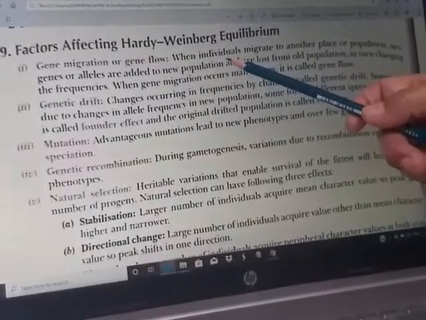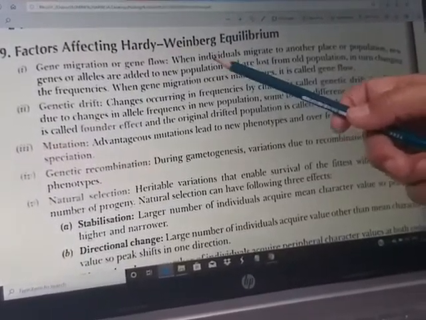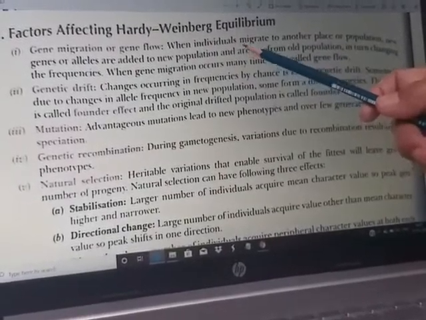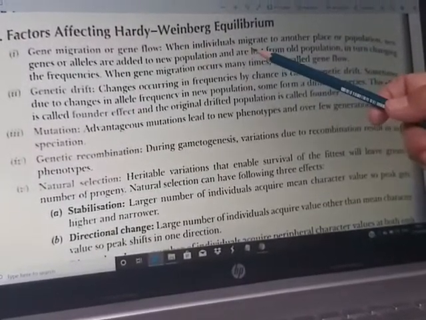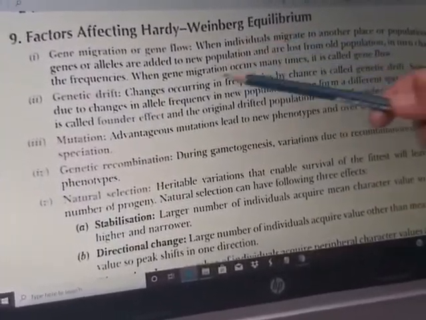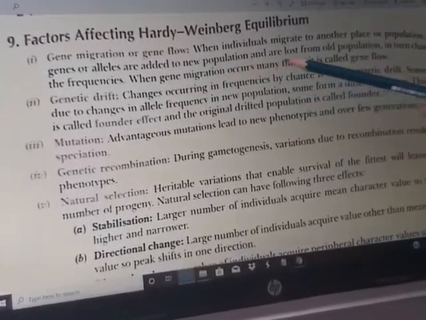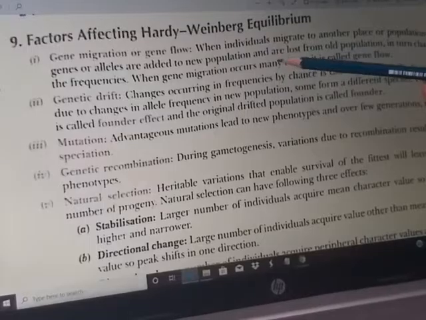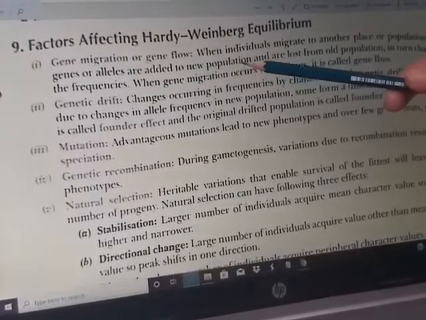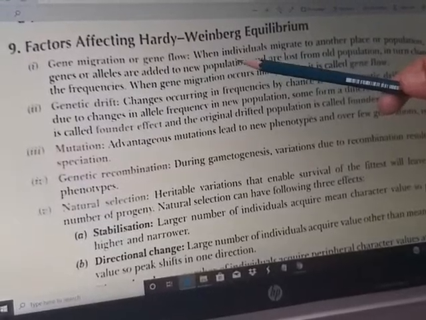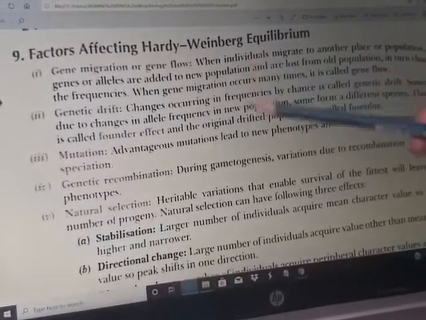Because the genes are in the individuals, we are showing the gain or loss of the genes, and this is a factor which affects the equilibrium. When gene migration occurs many times, it is called gene flow. So gene flow is one of the factors which disturbs or influences the equilibrium.